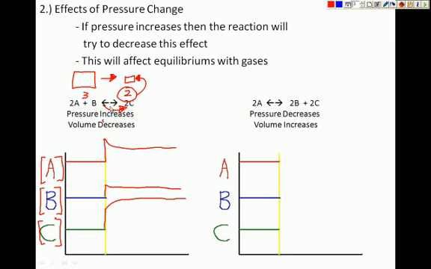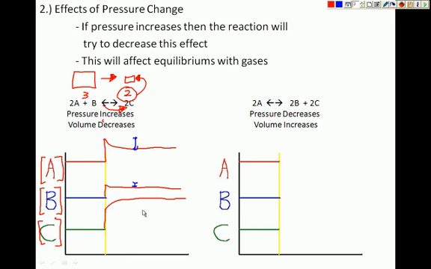Okay, so we see it shifts right, so A and B are used up to make C, and so A decreases, B decreases, and C increases. And make sure when you draw this to think about proportionalities. When A decreases, it's 2 particles of A decreasing for every 1 particle of B. So this distance right here should be twice this distance from here.